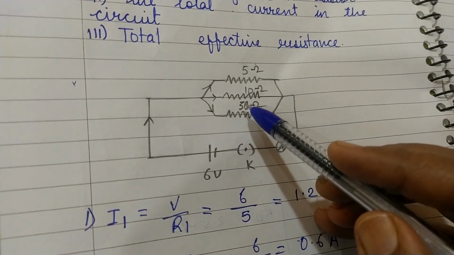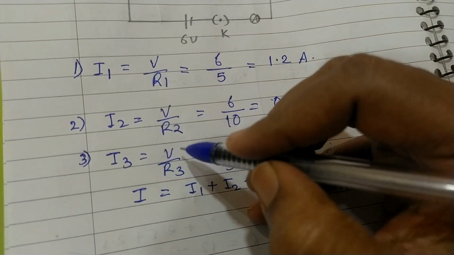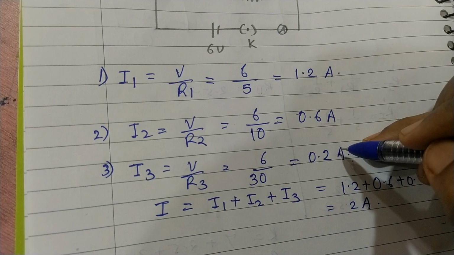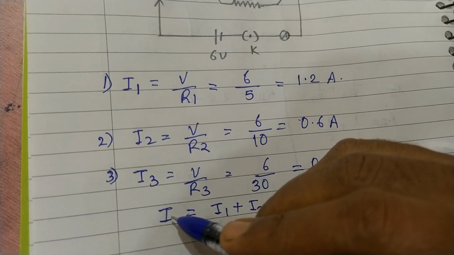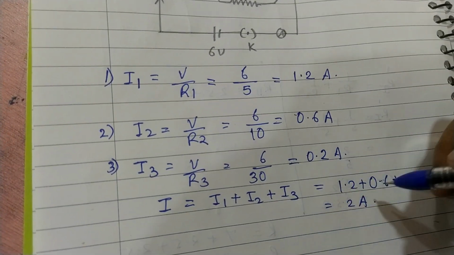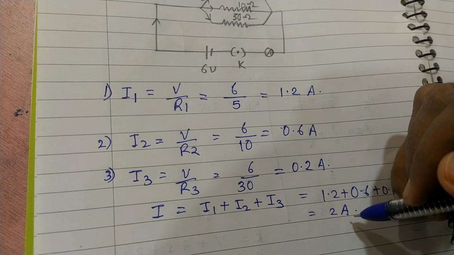Okay, take this value as 30 ohm. Now, I3 becomes 6 upon 30, which is equal to 0.2 ampere. Now, total current I1 plus I2 plus I3 is equal to 1.2 plus 0.6 plus 0.2, which becomes 2 ampere.